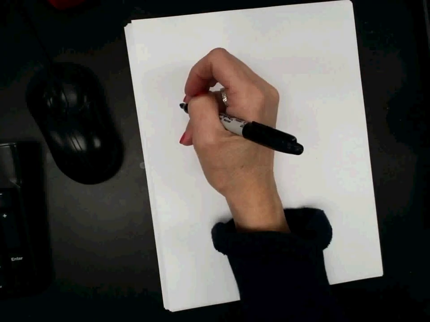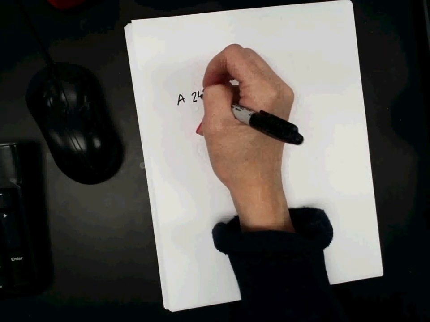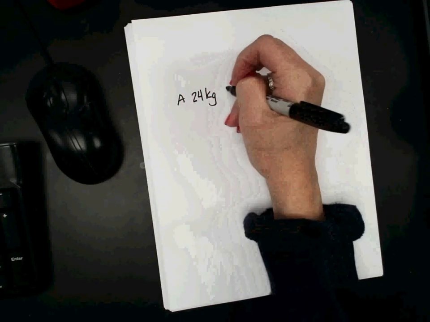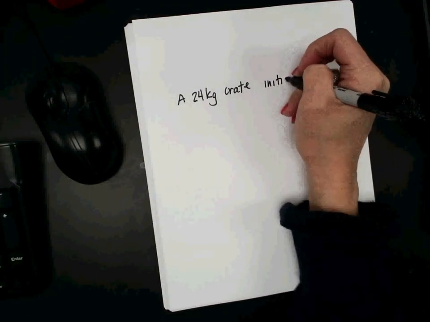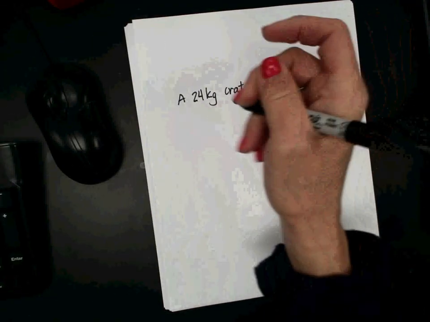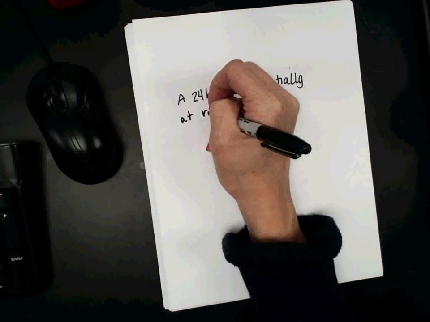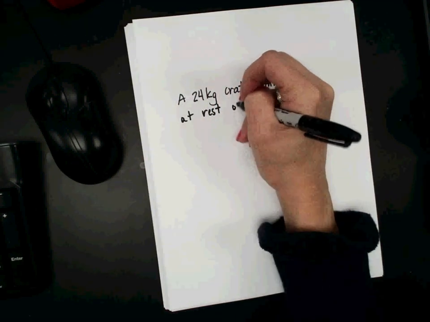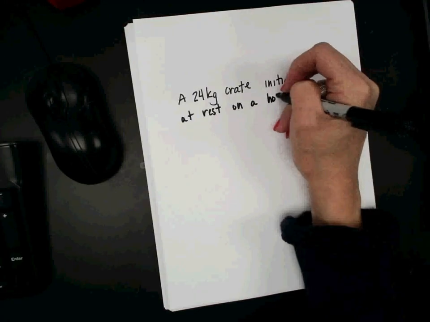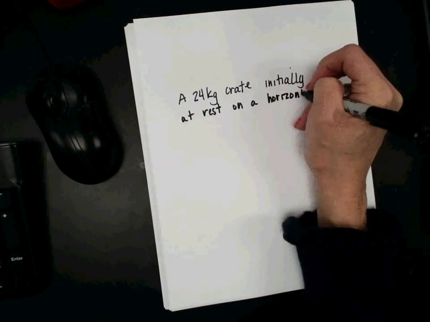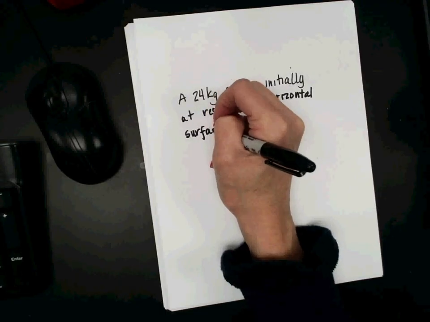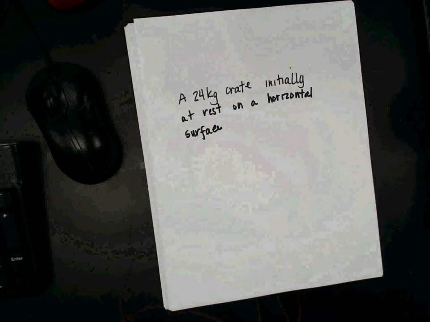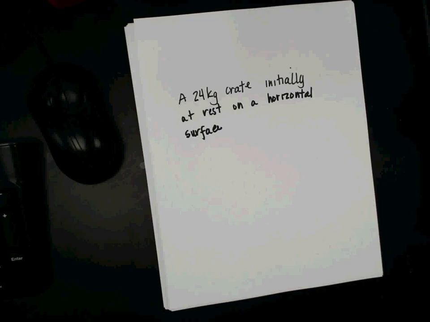So let's look at a problem using these formulas. Let's say I have a 24 kilogram crate initially at rest on a horizontal surface. That's important. If it were at an angle, we would have to take that into consideration.